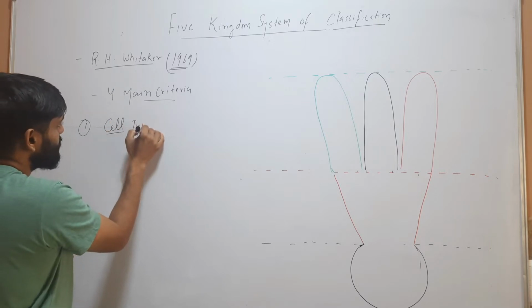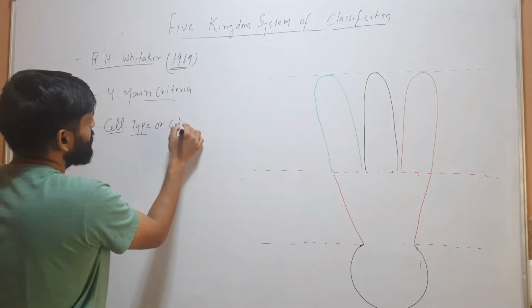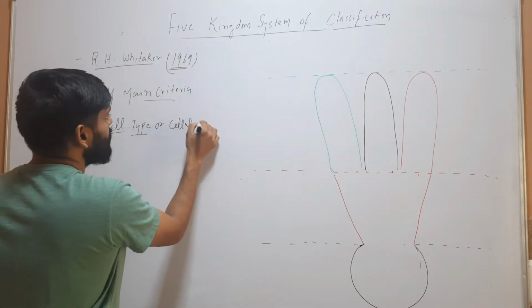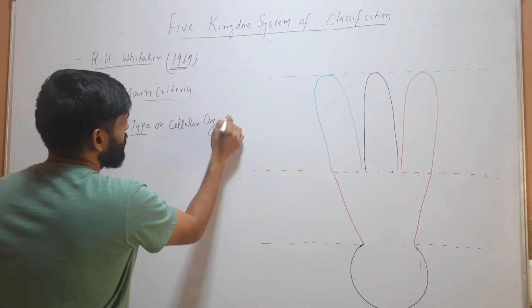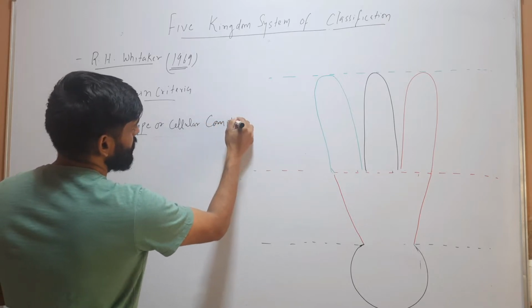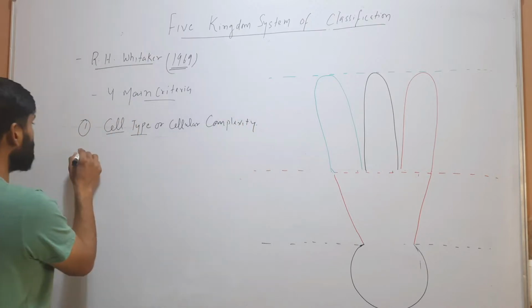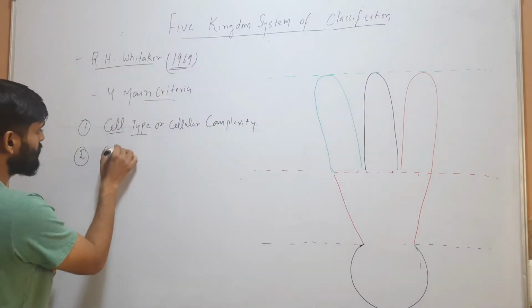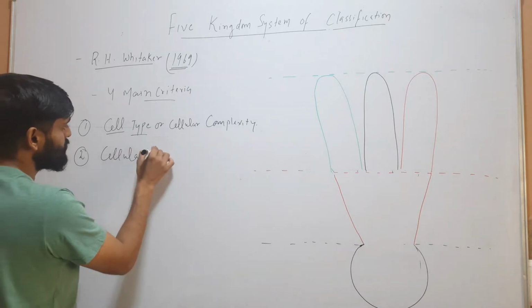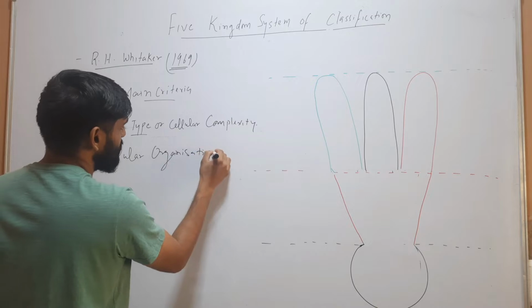cell type, or you can say cellular complexity. Second one was cellular organization.